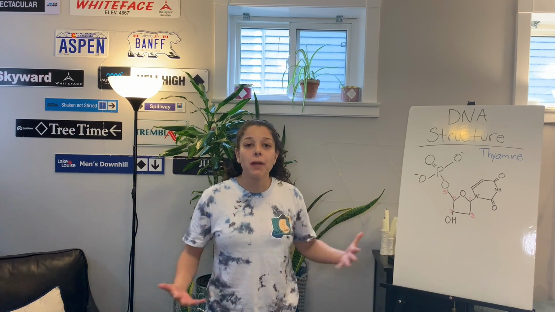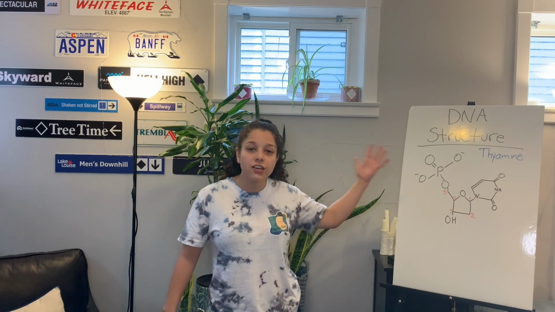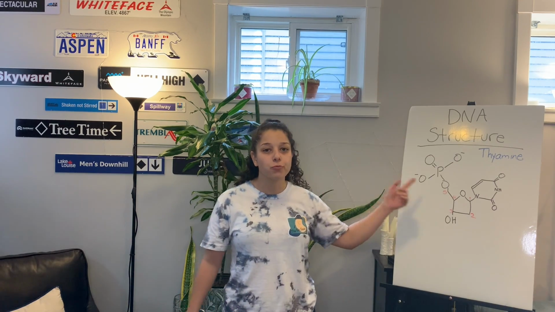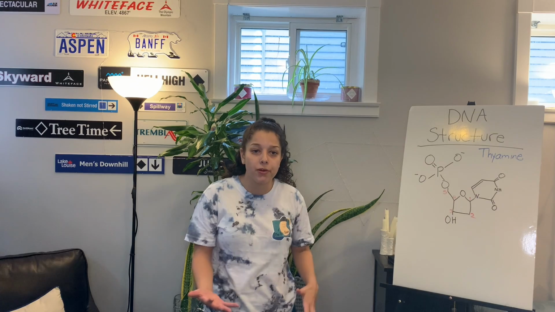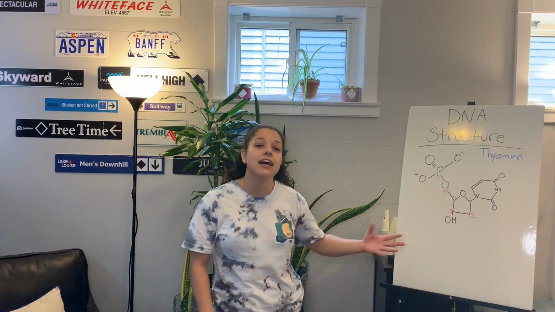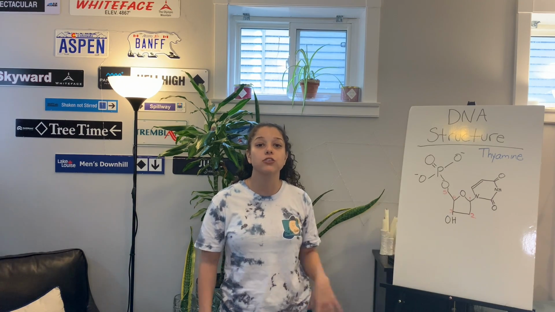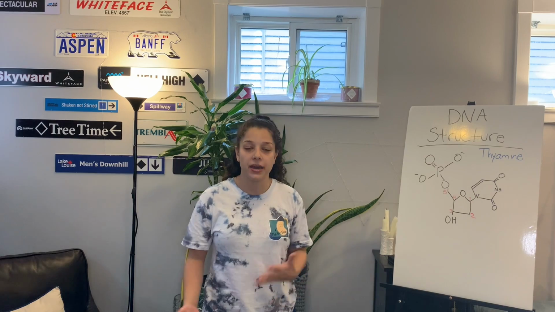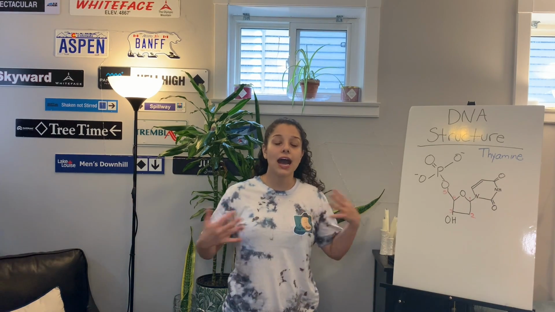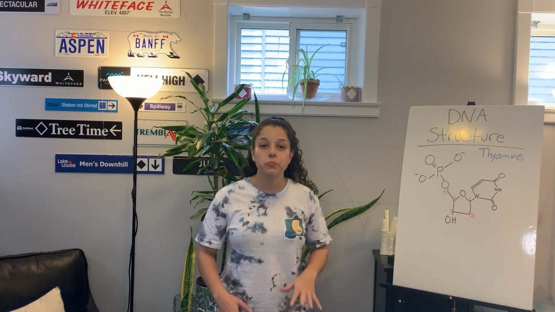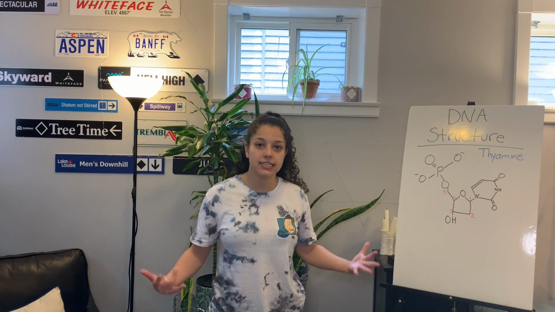So the 5' end is always going to have that exposed phosphate group, and it's called 5' because it's attached to that 5' carbon on the sugar backbone. And then that 3' end is always going to be the end that has that exposed OH group, and it's called 3' because it is attached to the third carbon in that pentose sugar. As I mentioned, that 3' OH is going to be where the next nucleotide is added.